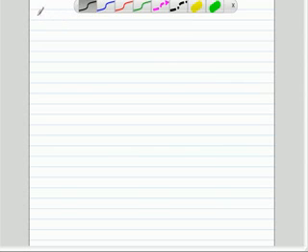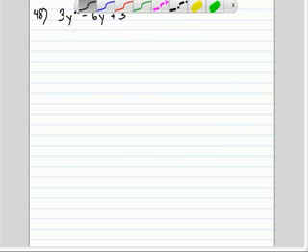Now, there was a group in there that had perfect squares. So if we look at 48, we have 3y squared minus 6y plus 3.